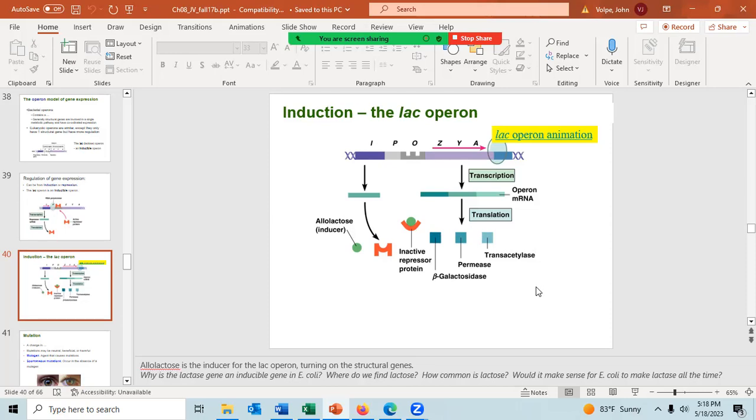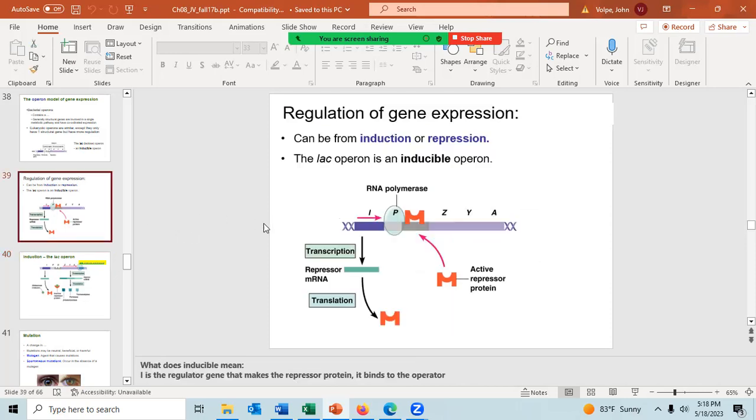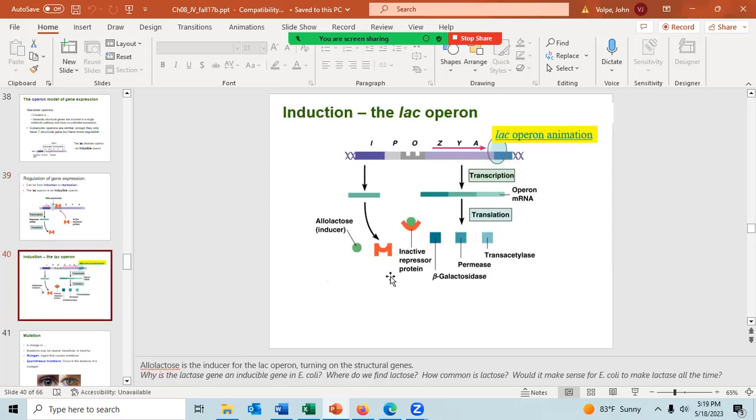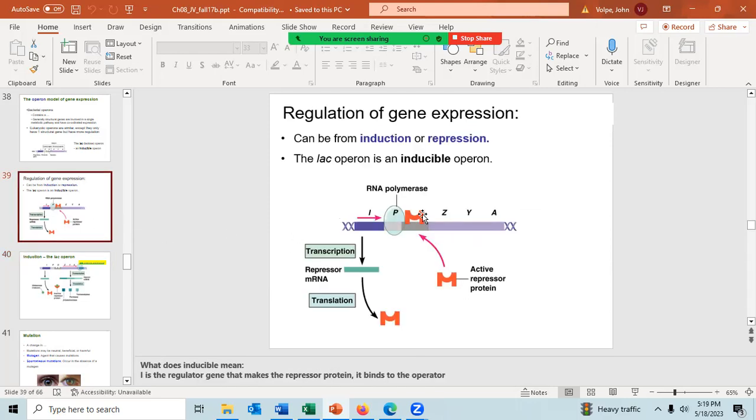All right, here's another question for you. If you remember back here, we had the repressor protein bound to the operator. How does that come off? Does the inactive repressor protein bind to the repressor protein bound to the operator?